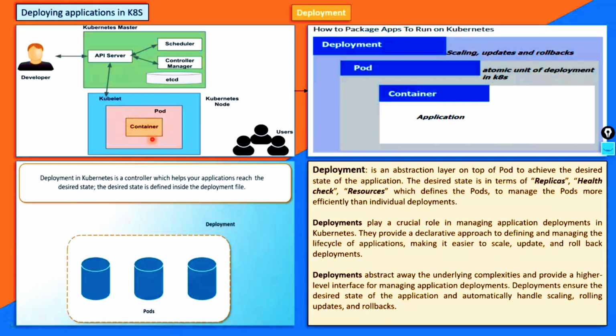Okay, so what is that? Can you see a container where your image is running, your application is running inside the container, and you have an abstraction layer on top of the container, and that was done by whom? That was done by the deployment manifest. And the kubelet will communicate with the pod over the pod network.